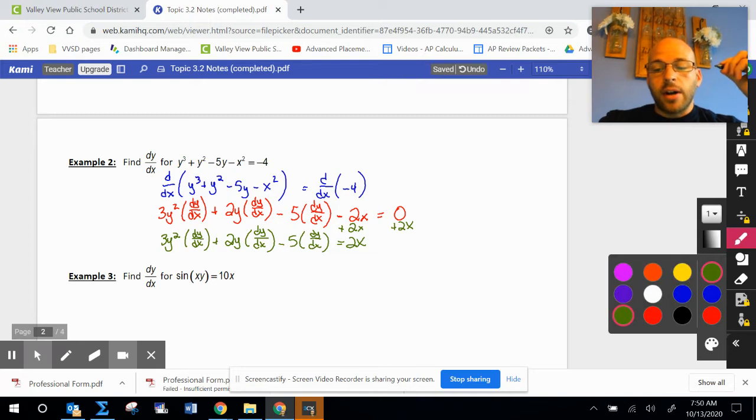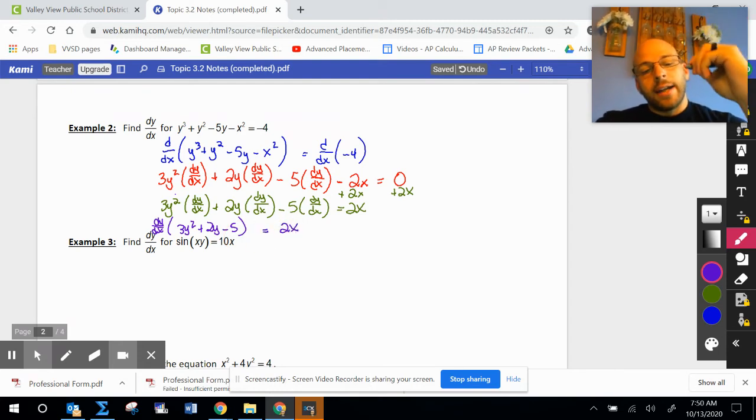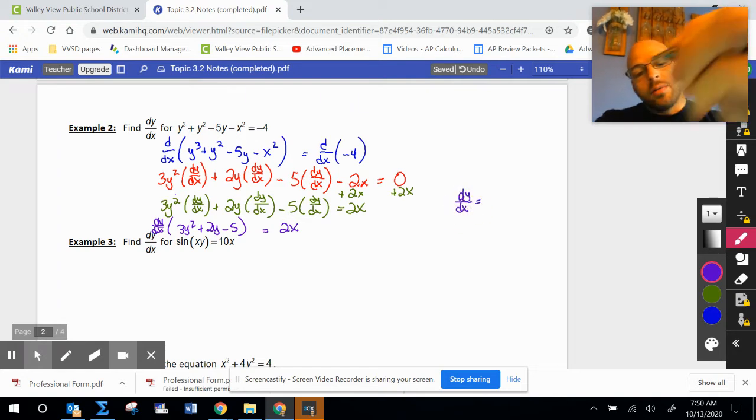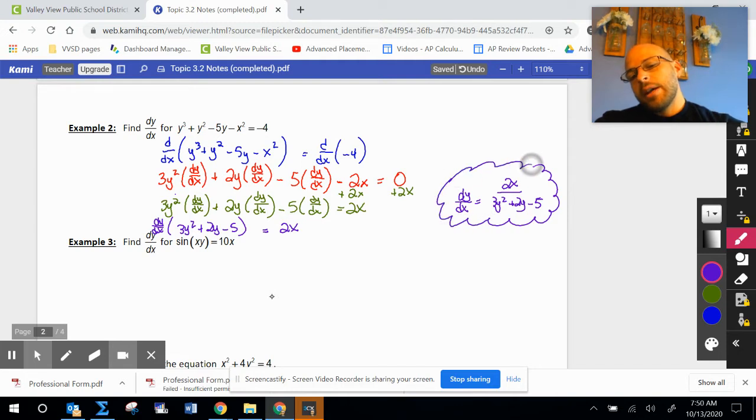Now I'm going to factor out that dy over dx, which gives me a 3y squared plus 2y minus 5 equals a 2x. And then you can divide that expression over. So my derivative, my dy dx, is equal to a 2x divided by a 3y squared plus 2y minus 5. And this is my answer.